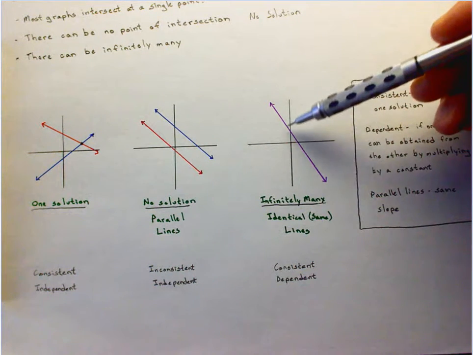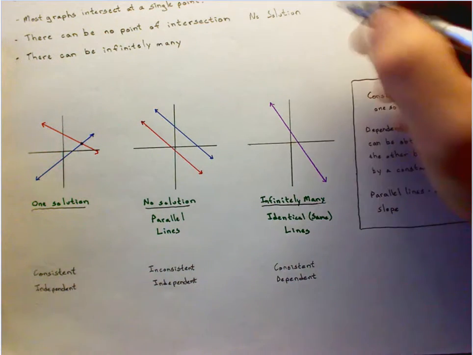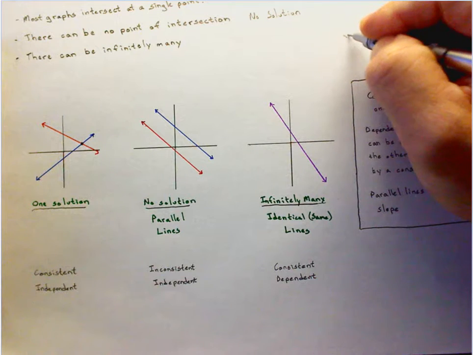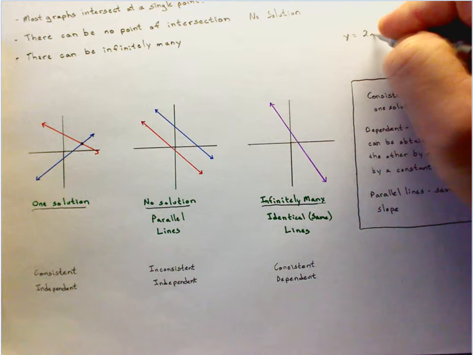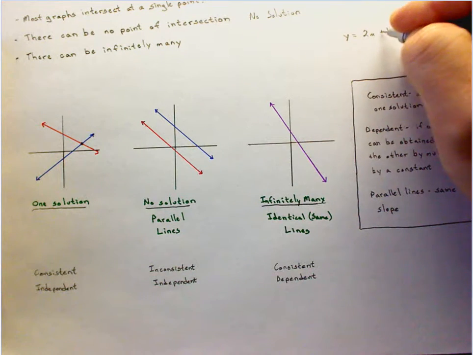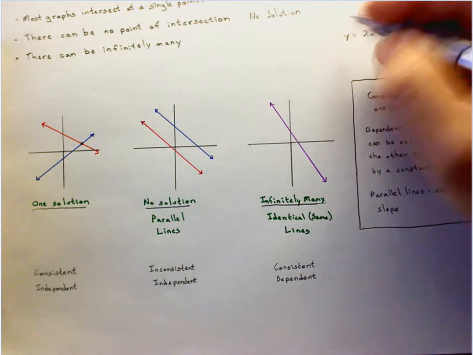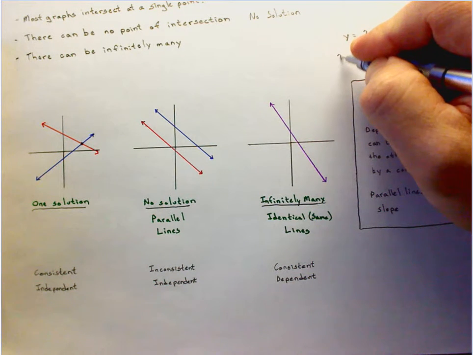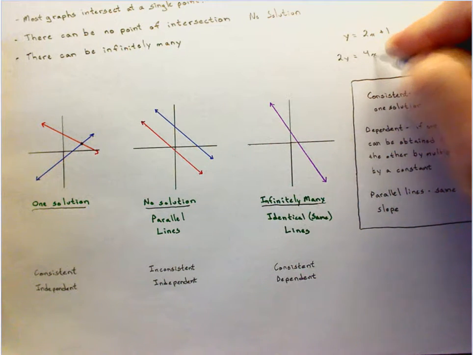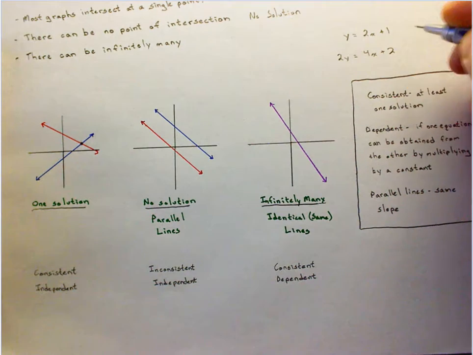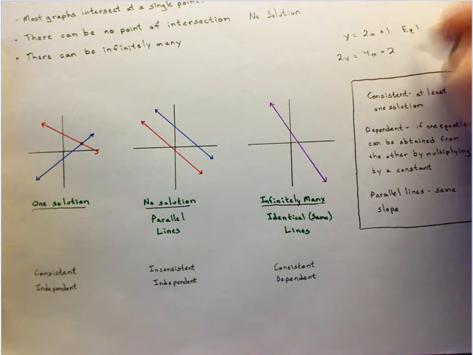To show you an example, let's say I have y equals 2x plus 1. And then for my second line, I have 2y equals 4x plus 2. We'll call this equation 1, and we'll call this equation 2.